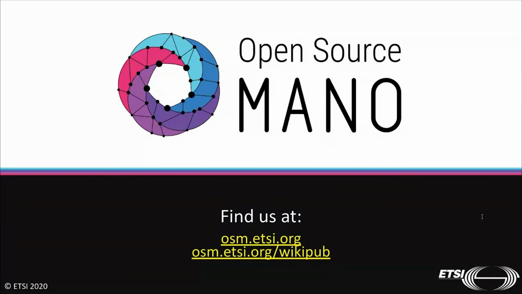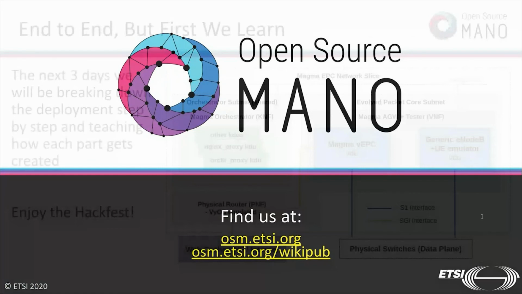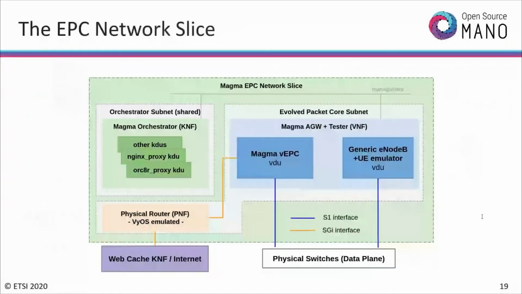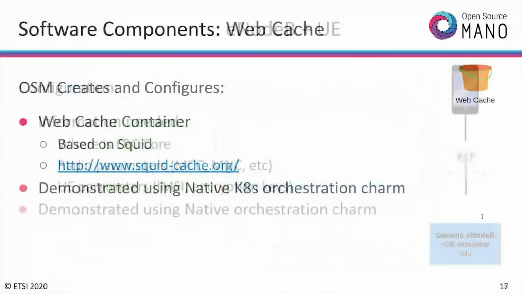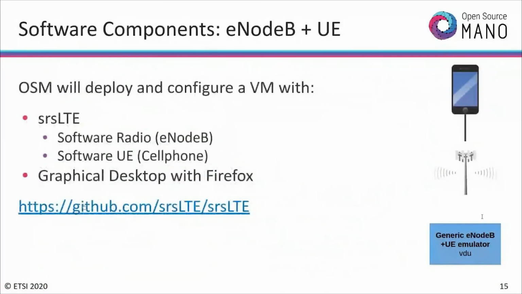The software that emulates the user equipment is, I'll go back to it here, right here, SRS LTE. This is an open source project that is actually a full EPC emulator and software.